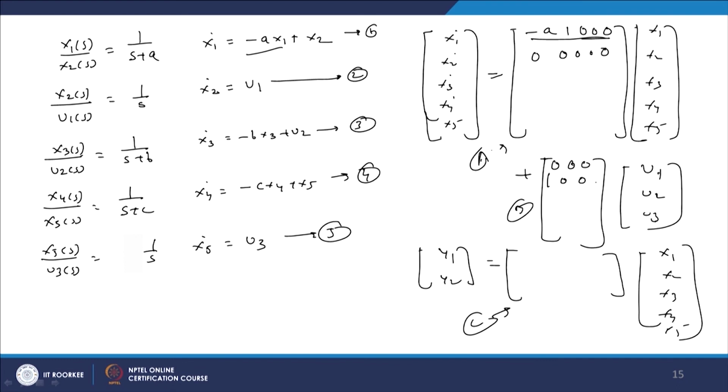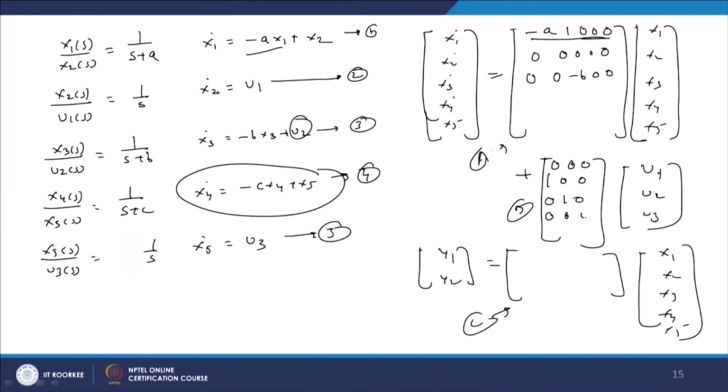Now come to x3 dot. The element corresponding to x3 dot is minus b x3 plus u2. That means we get only terms for x3, the rest of the elements are 0. So, we can write down 0 0 minus b 0 0, and what about the elements in the U matrix, that is u1, u2, u3? We will get the element as u2, meaning 0 1 0. Now, corresponding to x4 dot, in x4 dot there are no elements of u.